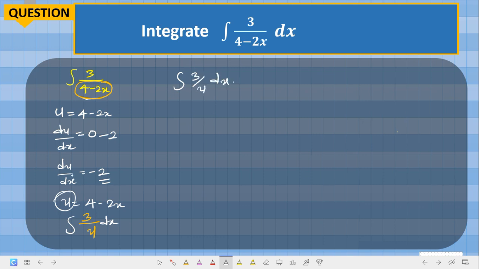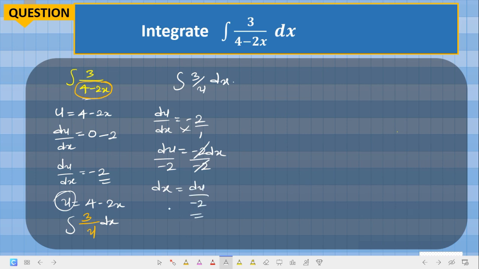Now you know that du over dx is minus 2. So if du over dx is minus 2, make dx the subject of the formula. First of all, let's cross multiply. 1 times du will give us du is equal to minus 2 times dx, which gives minus 2 dx. Okay, so divide both sides by minus 2 to make dx the subject of the formula. When this cancels, your dx will be du all over minus 2.